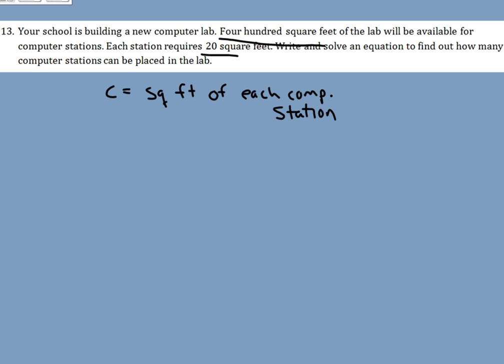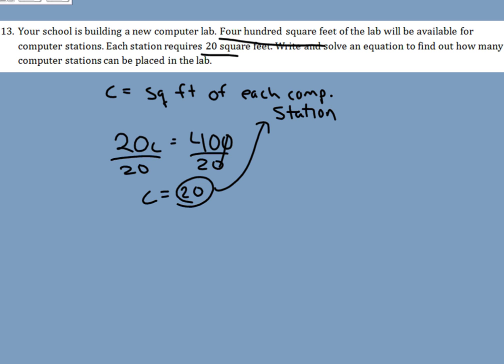We have a grand total of 400 to work with. So 20 times C has got to be up to 400. Divided by 20, divided by 20, C is going to be equal to 20. So that means we can have 20 computer stations.